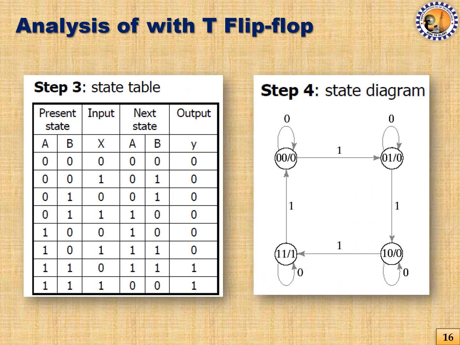Here is the state table, and from the state table, we can make the state diagram. This is also a Moore type of state diagram. Whatever we have learned from the previous slides is applicable over here, so we can easily convert them into the state diagram.